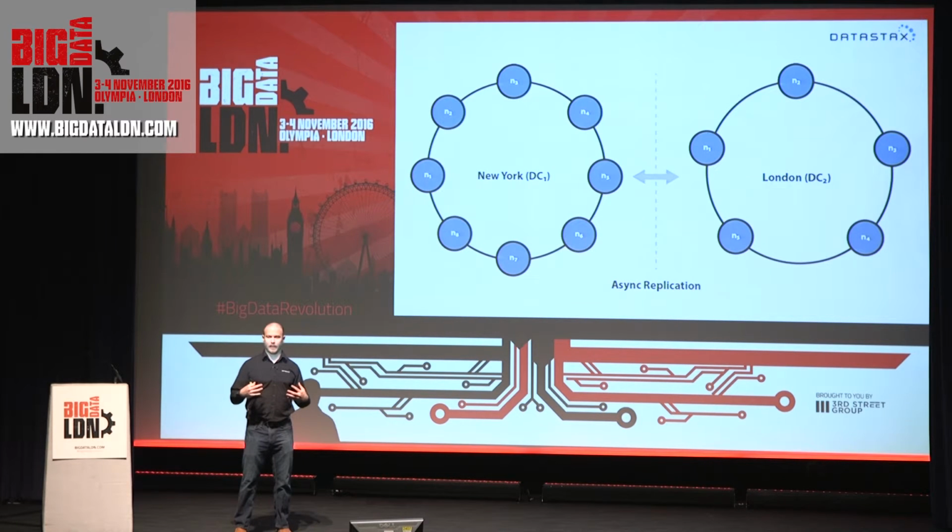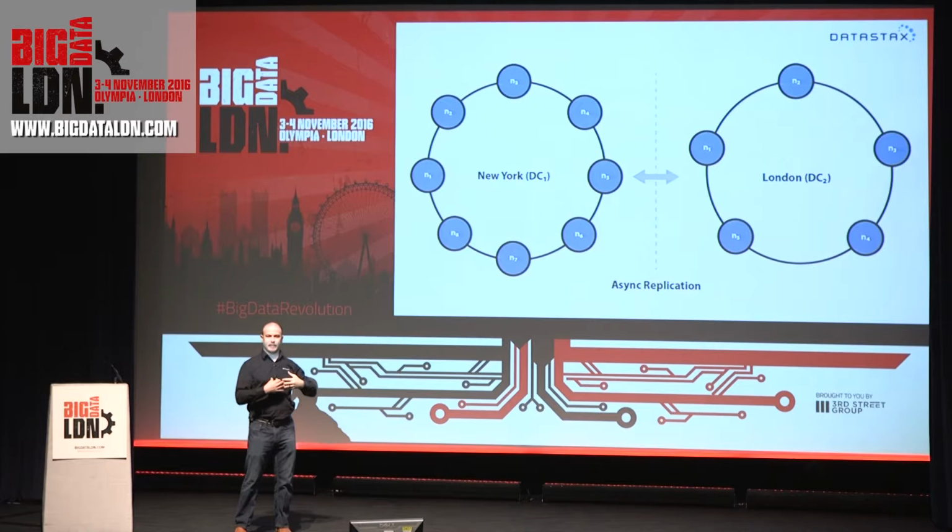Another important factor in scaling a cloud application is the ability to go across multiple data centers and multiple regions. I've illustrated that here with a cluster that spans a London and a New York data center. You'll note that New York has 8 nodes and London has 5.